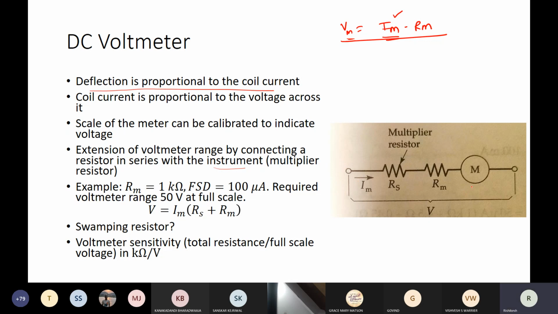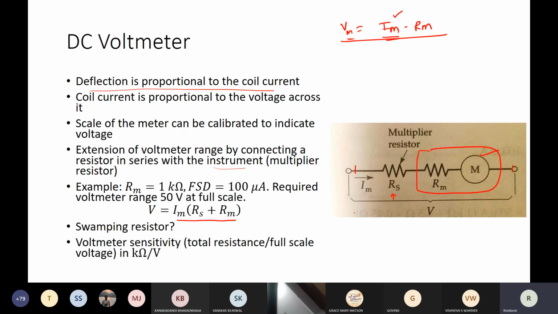So here, this again is the equivalent circuit: a meter associated with resistance Rm, and you connect a series resistance Rs, which is known as the multiplier resistance. If you calculate, the total voltage drop across the entire arrangement becomes Im into Rs plus Rm, right? Isn't it? So you can extend the range.